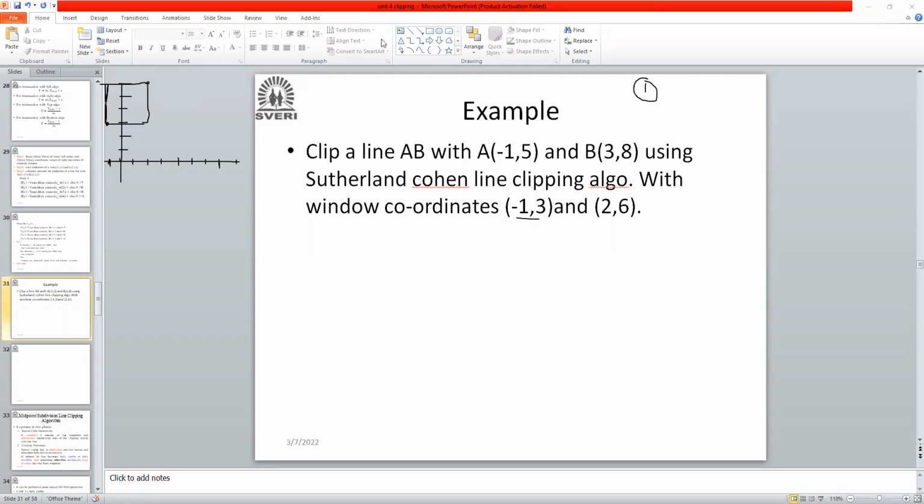So -1, I will draw in a separate color. Okay. So this is -1. This is 3, 4, and 5. So this is the point. And the second is B, 3, 8.